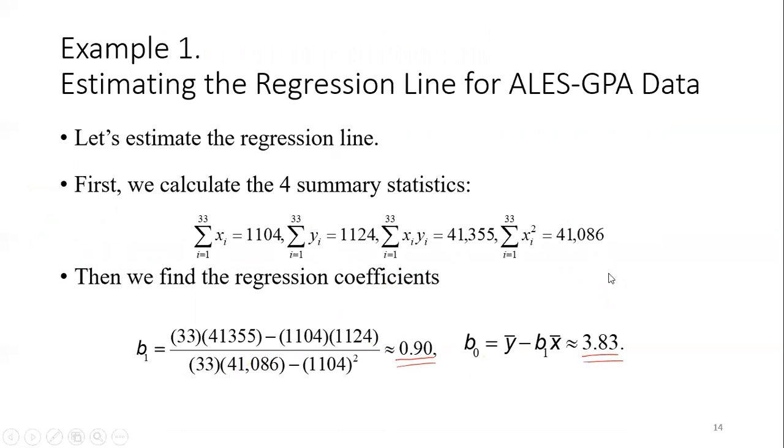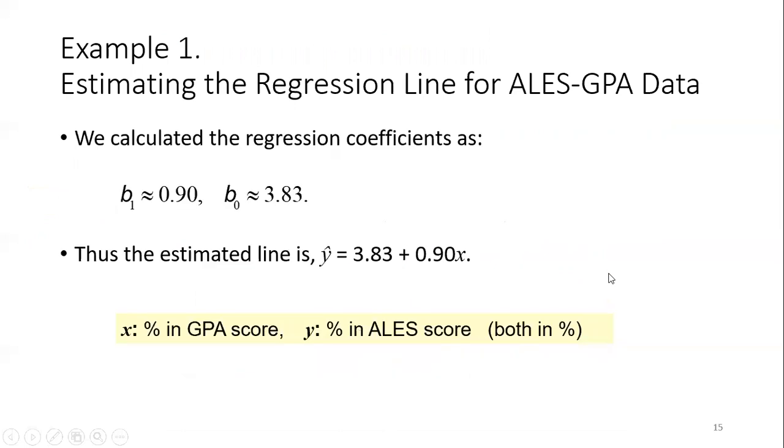So what does this mean? This means y hat is equal to 3.83 plus 0.90 times x. This is the predicted regression line of mu y given x equal to beta 0 plus beta 1 times x.